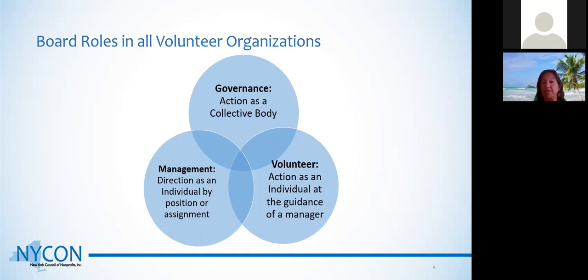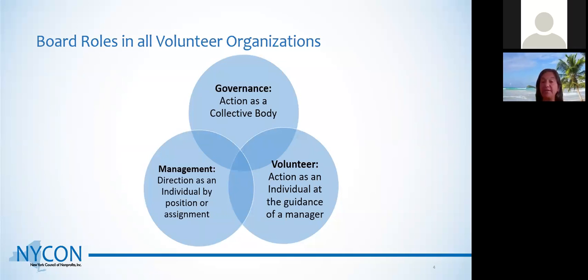And that can be a staff person, can be the executive director, or it can be a volunteer and a board member. And then it's important to recognize that board members and other people as well may serve in a volunteer capacity, that they are basically serving at the direction of the board, at the direction of the manager, on a specific task.